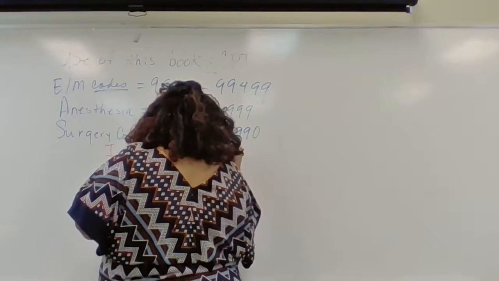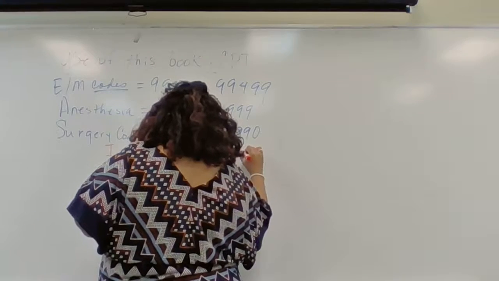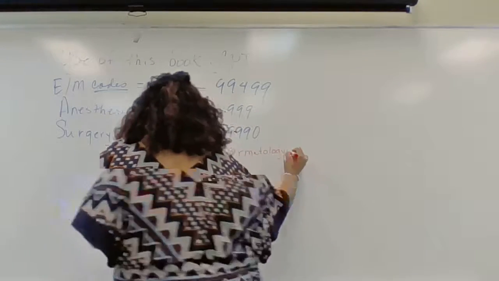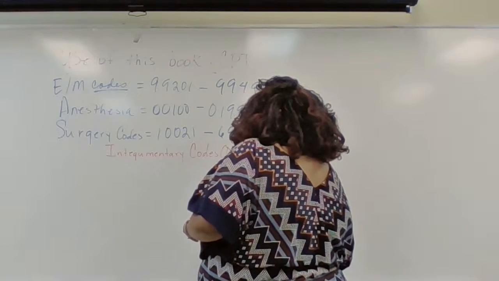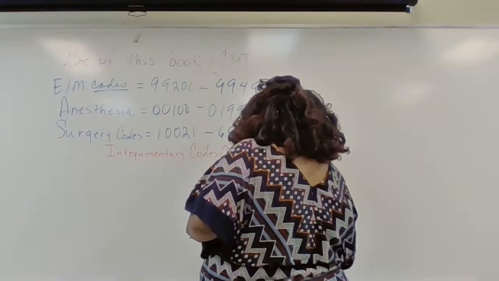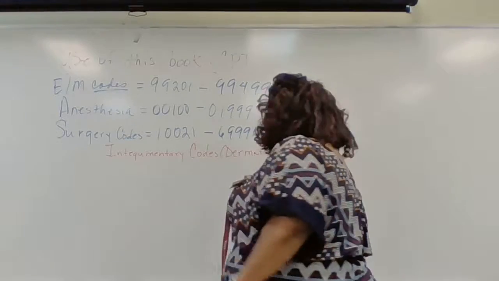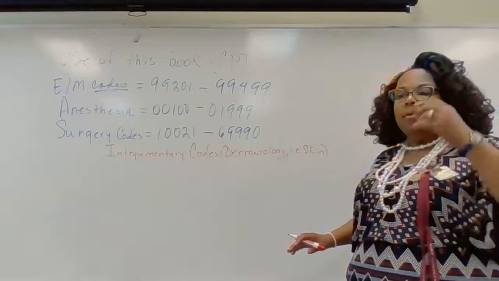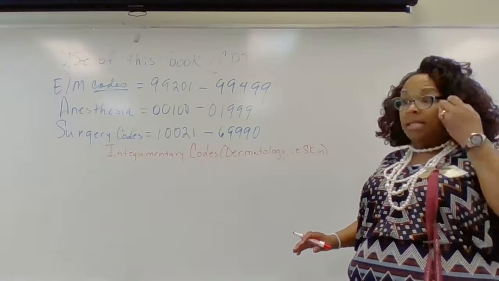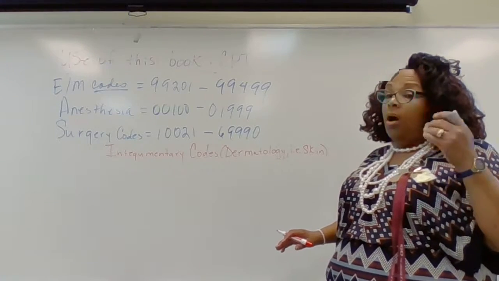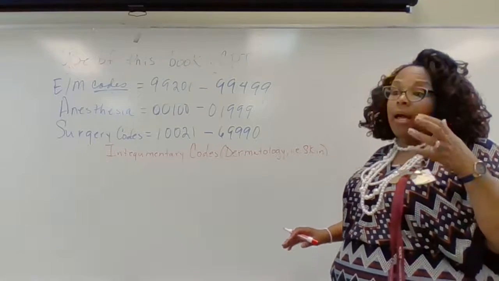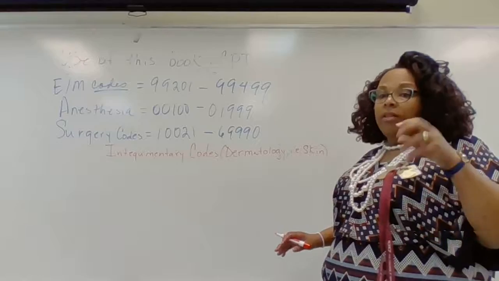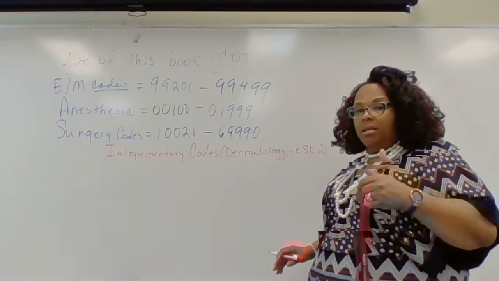Integumentary codes deal with dermatology, in other words, skin. If they have to do a skin graft on a patient, or remove skin tags on a person's face, or there are lesions, or you have to remove a ringworm, things of that nature, that's going to be within that system.